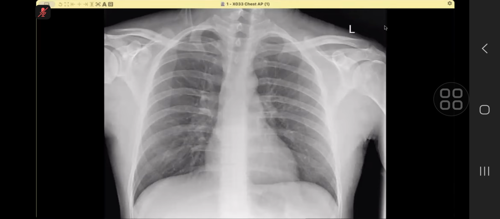Both costophrenic angles are unremarkable. Both hila are also normal.